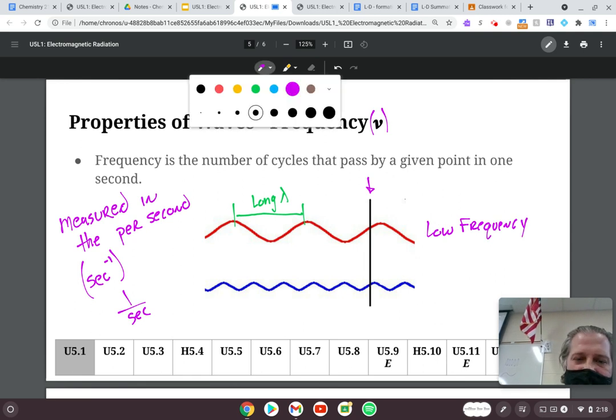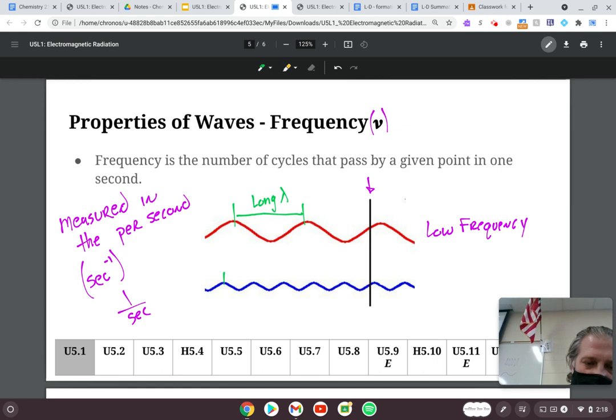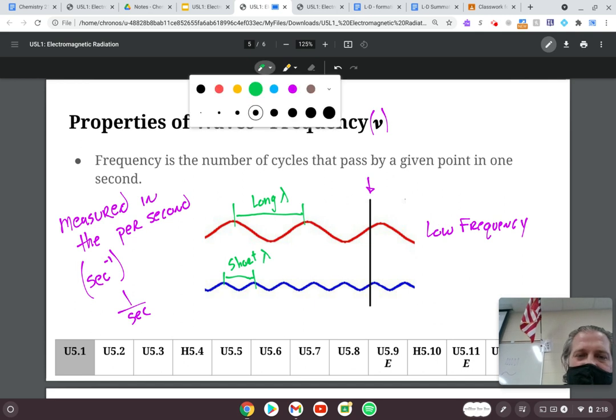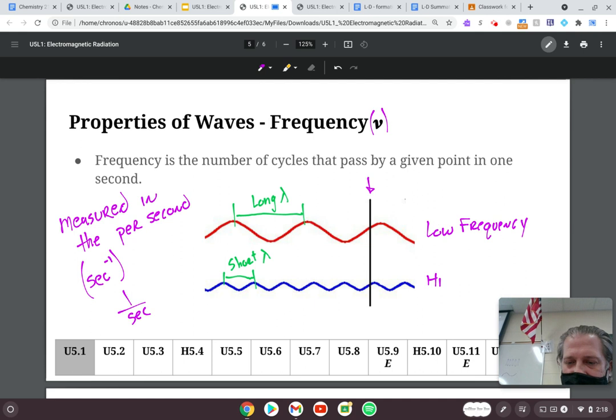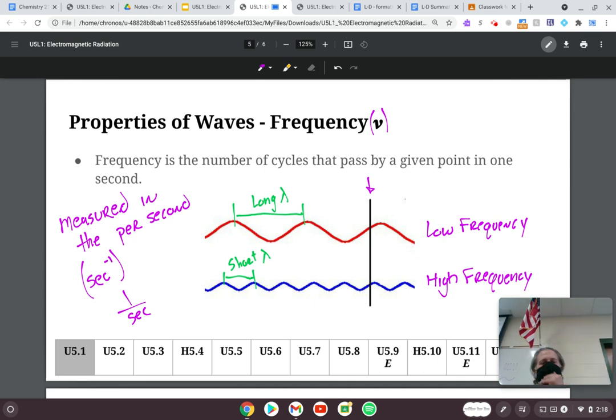Whereas the bottom wave has a short wavelength. And as a result of that, it would have a high frequency. So the shorter the wavelength, the higher the frequency. The longer the wavelength, the lower the frequency.